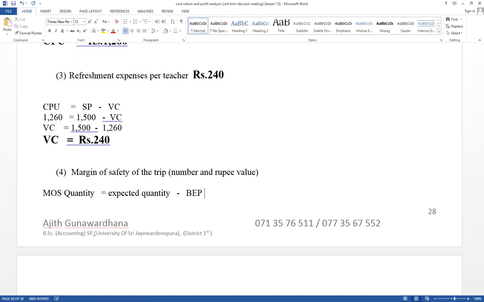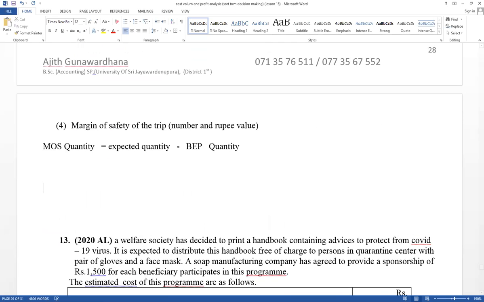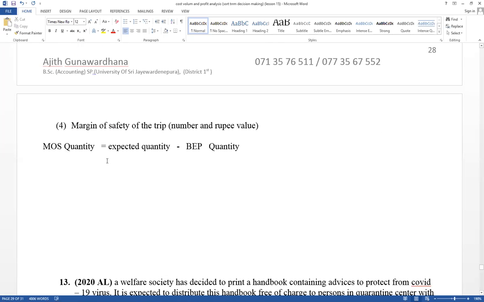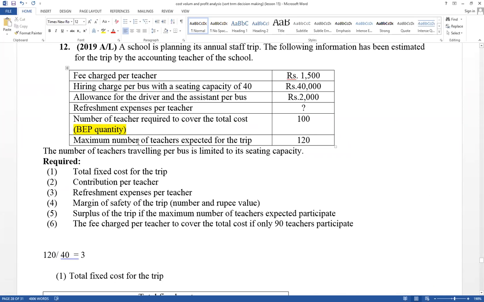Expected quantity minus BEP quantity, beyond the BP, is the margin of safety. There are quantity and value. Expected teachers participating is 120. It has been given in the example: the maximum number of teachers expected for the trip is 120. And to cover the total cost, the break-even point quantity is 100.